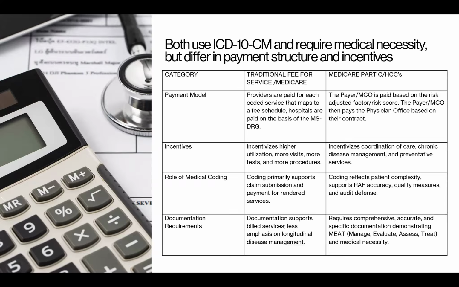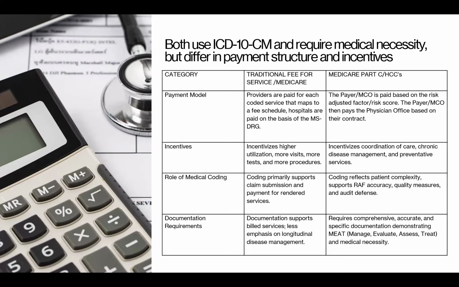With the fee for service model, the more services, visits, tests, and procedures, the more the physician's office gets paid. In the hospital setting, the more admissions, the more revenue. HCCs incentivize coordination of care, chronic disease management, and preventative services.